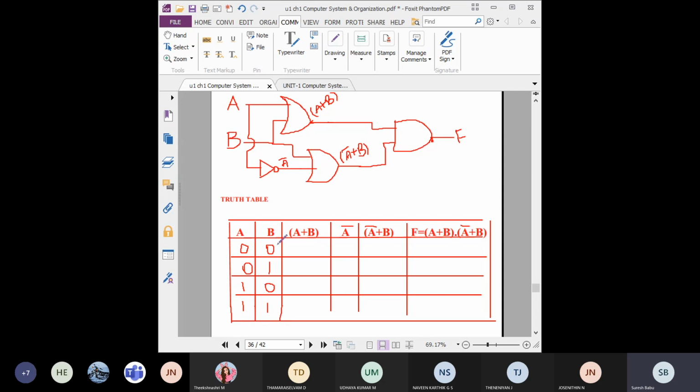Now we have to find these intermediate outputs: A plus B, A bar plus B, then finally (A plus B) dot (A bar plus B). Students, anyone tell me the answer? What is the answer for A plus B? Take A and B as the inputs, and plus is the OR gate. What is the functionality of the OR gate?